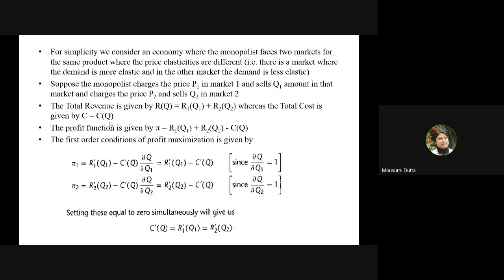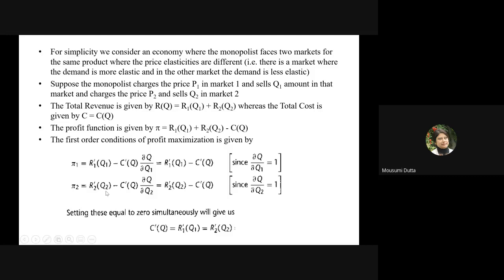Next, once we get the profit equation, as you know, we have to consider the first order and the second order conditions. So I'll consider del pi by del Q1, which is R1 prime Q1 minus C prime Q times del Q by del Q1, which we can write simply as R1 prime Q1 minus C prime Q, as in Q there is Q1 plus Q2. So del Q by del Q1 is equal to 1.